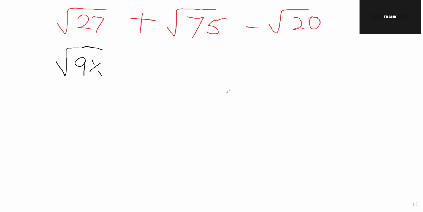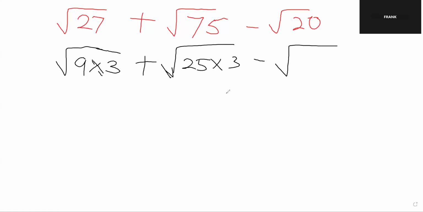So root 27 becomes root 9 times root 3. If you take root 75, 25 is the perfect square that can divide 75 without remainder. 25 times 3 produces 75. For root 20, 4 is the perfect square that can do that. 4 times 5 should give you 20. So now we can split.